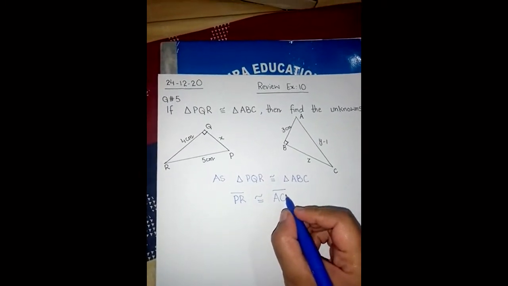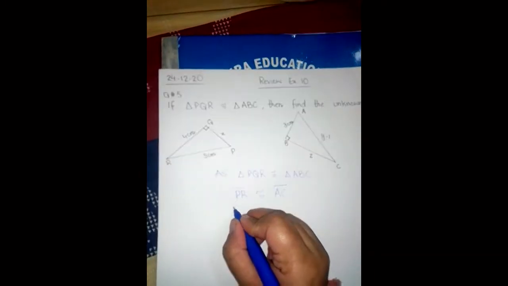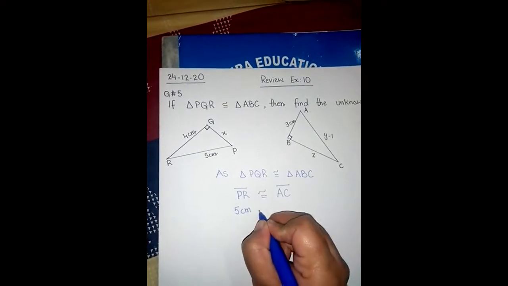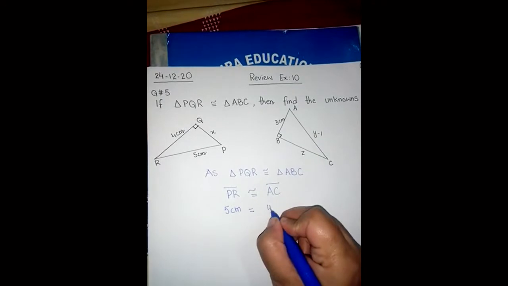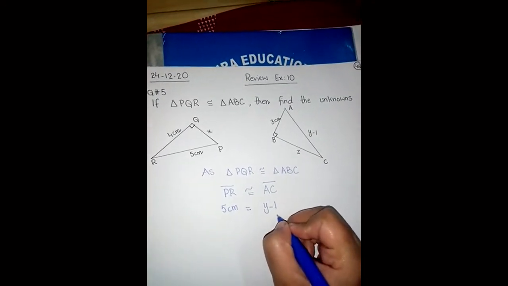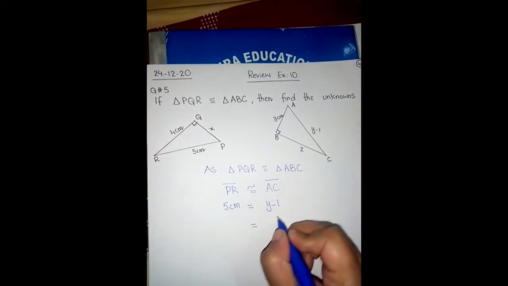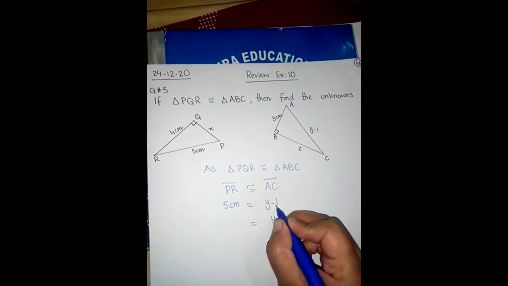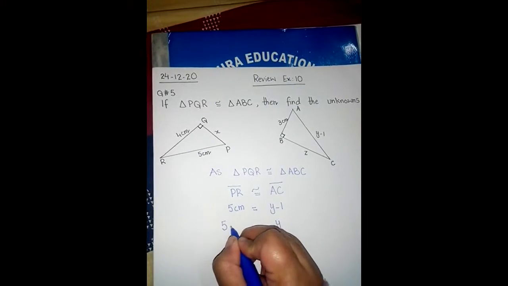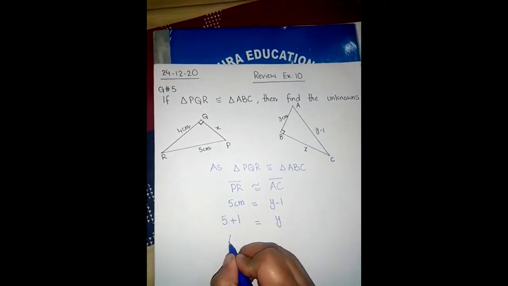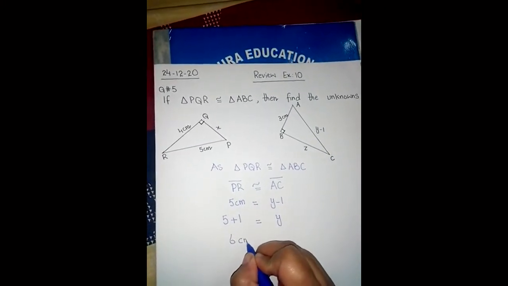Now put the values. The value of PR is 5 centimeter. And the value of AC is y minus 1. From this, we will calculate the value of y. We will take this minus 1 to here, so it becomes plus 1. And the answer is 6 centimeter.